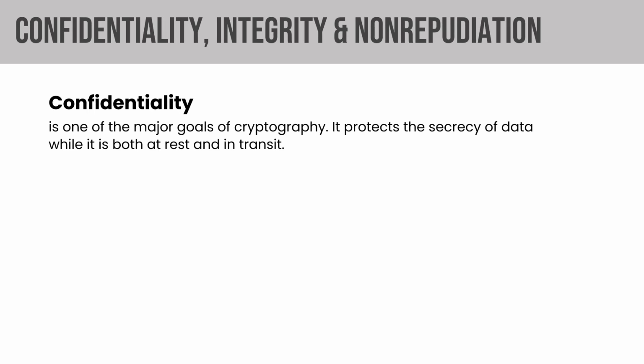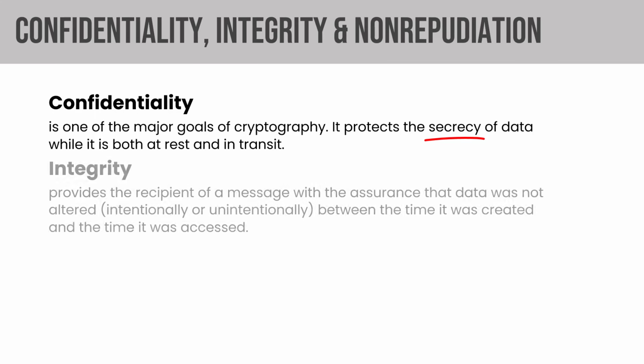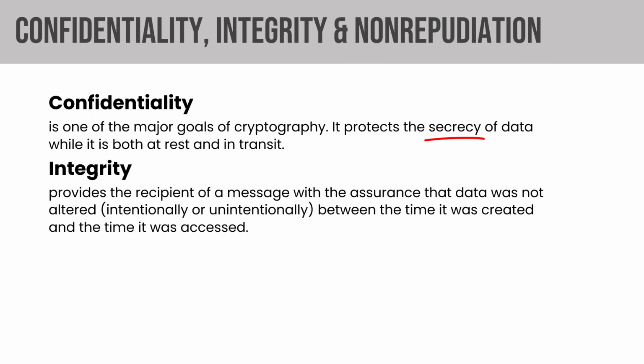So confidentiality, integrity, and non-repudiation are three concepts you'll definitely need to know for the exam. Confidentiality is really focused on the secrecy of data, both while it's at rest or while it's in transit. Integrity basically provides the recipient with an assurance that the data wasn't altered, that the integrity of the data remains, that the data we received is the data that was sent, in other words.